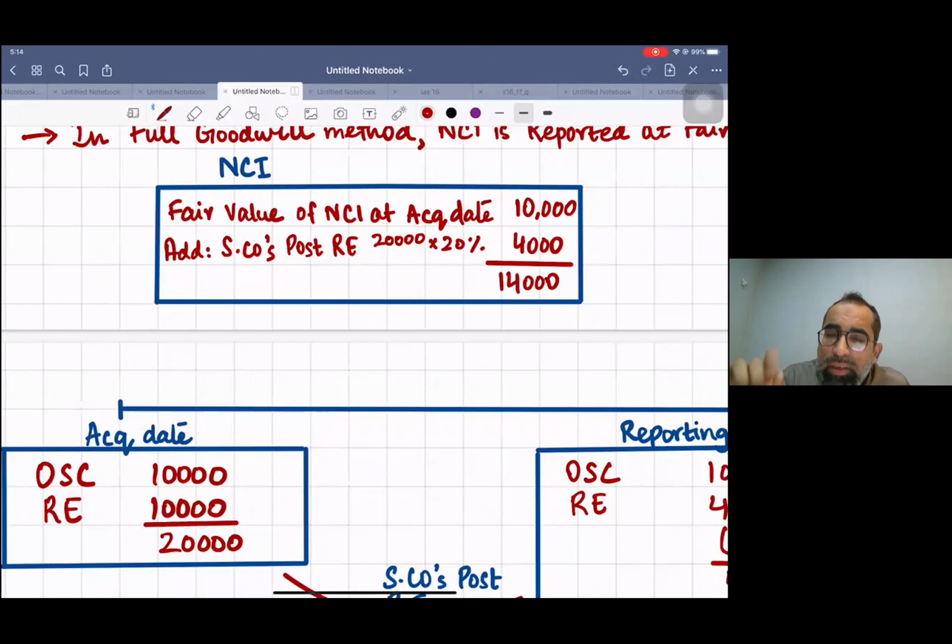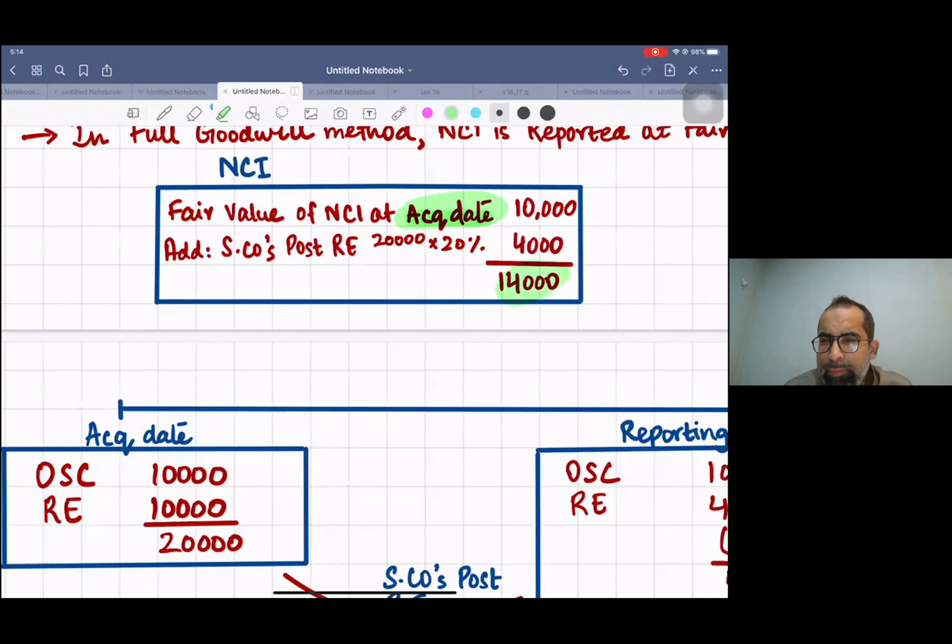So now you will write this fair value of NCI at acquisition date, but don't forget that this fair value is given at acquisition date, but you are preparing the balance sheet at SOFP date. So you need to adjust S company's post retained earnings share in it. Okay, so that's how you calculate NCI.